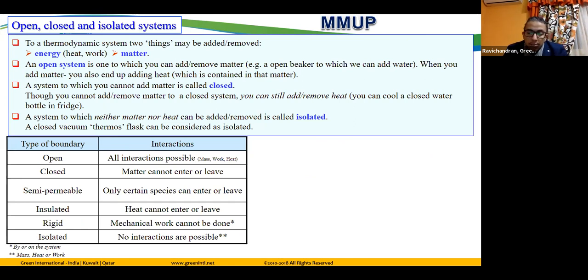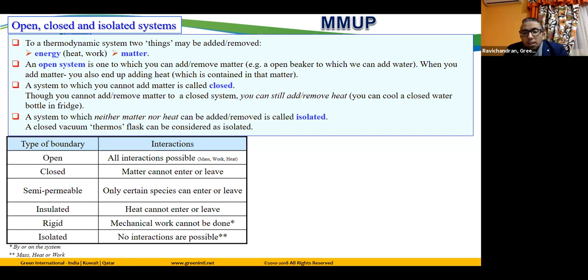And we classify these systems according to two parameters: a parameter related to matter or mass, and a parameter related to energy, normally heat. So we study these two parameters to define whether the system is isolated, closed, or open.